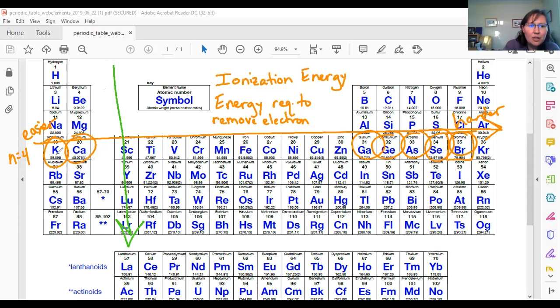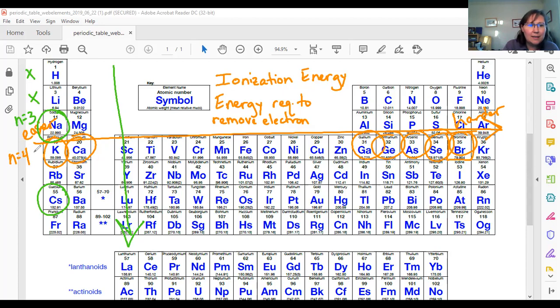So for example, let's look at sodium here, and then let's look at cesium. Sodium is in N equals 3. So it has 1, 2 layers of core electrons shielding it from the nucleus. And so sodium's electron only has to look through 2 layers to see the nucleus.